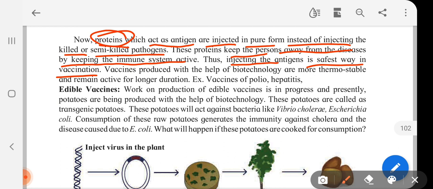So instead of injecting the whole pathogen, only its protein is injected. Vaccines produced with the help of biotechnology are more thermostable and remain active for a longer duration, for example, vaccines of polio and hepatitis. So in this way, the vaccines which are produced are thermally stable. They remain stable at different temperature ranges.